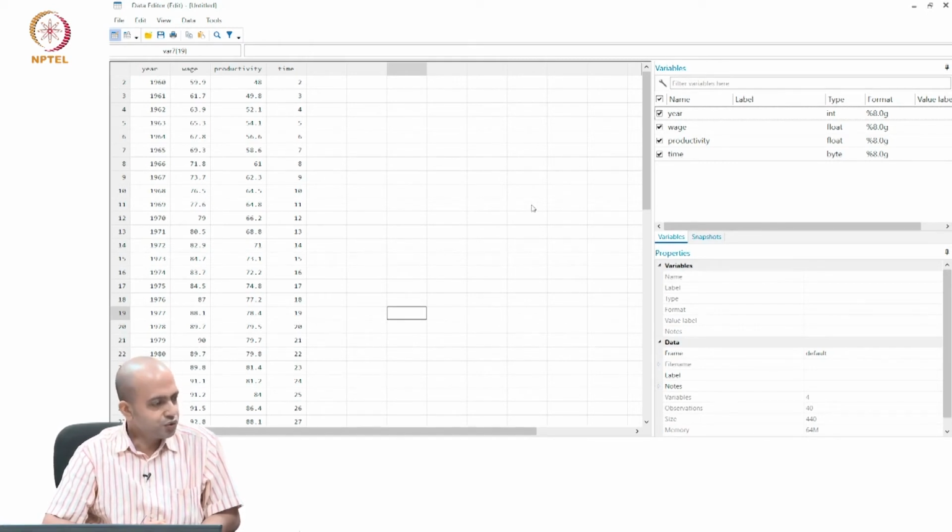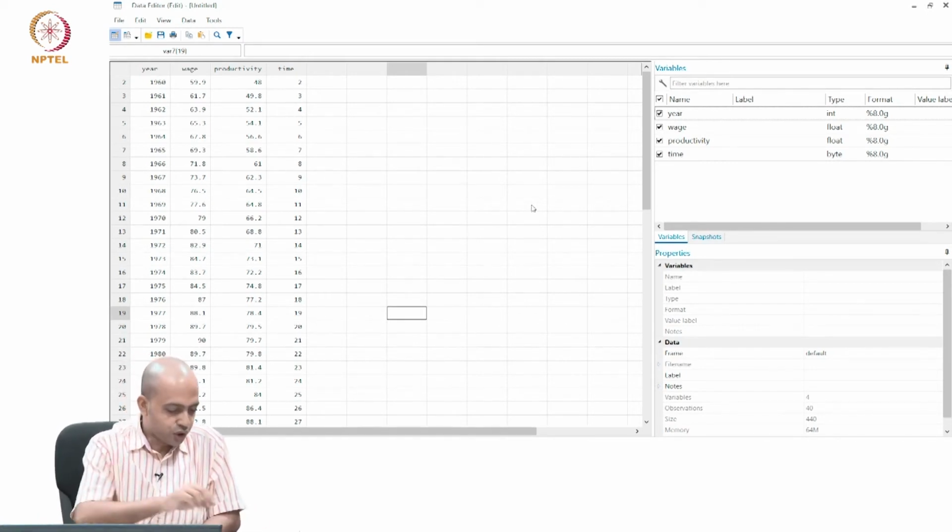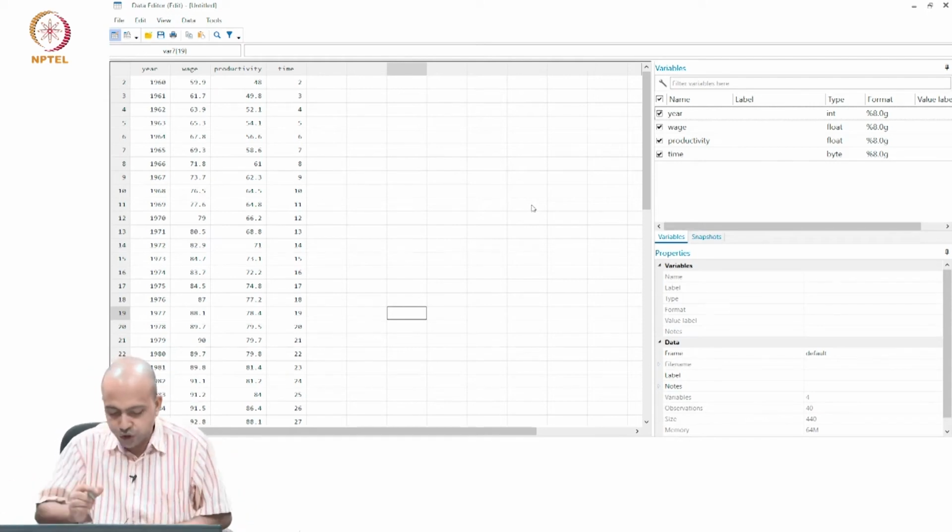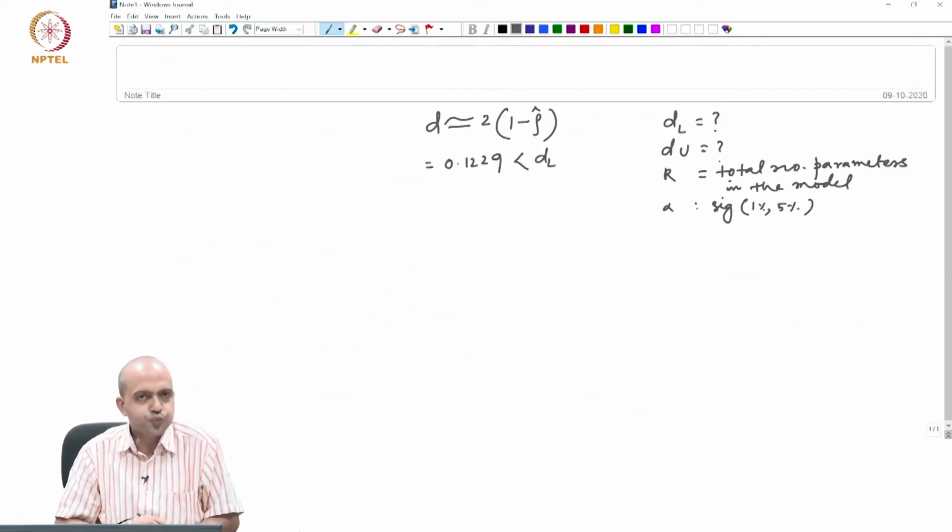So, what we will do? We will estimate the model using the two variables, wage and productivity. Now, when there are two variables, wage and productivity, firstly what we need to think is which is the dependent variable and which is the independent variable.